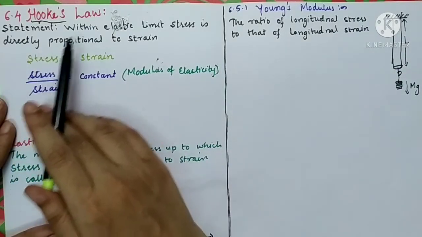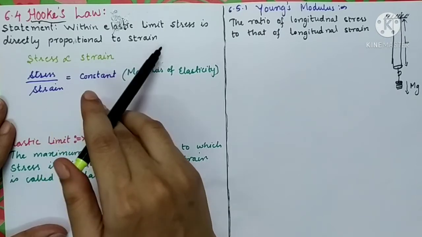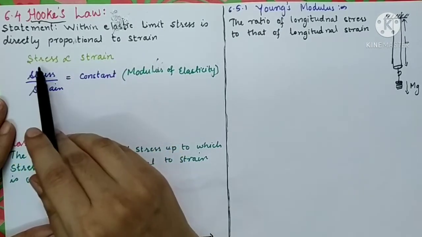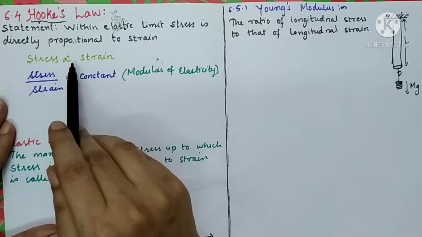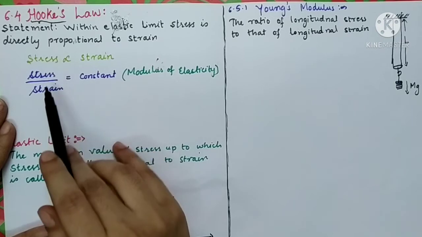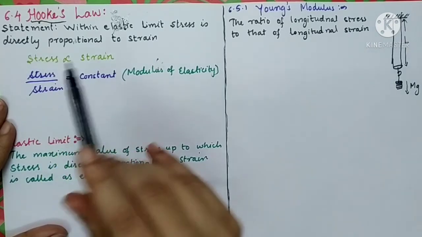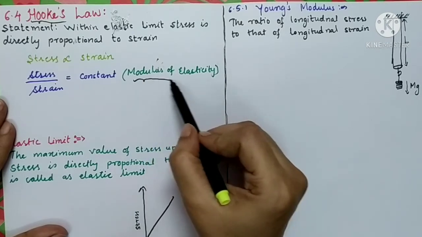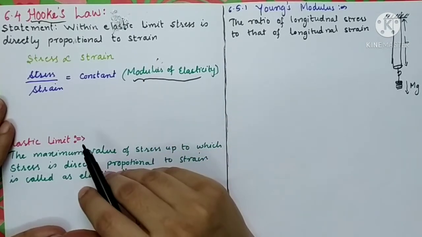The statement is: within the elastic limit, stress is directly proportional to strain. We can write it as stress is proportional to strain. Removing the proportionality sign, you have to put some constant, so it becomes stress upon strain is equal to some constant, and this constant is called the modulus of elasticity.